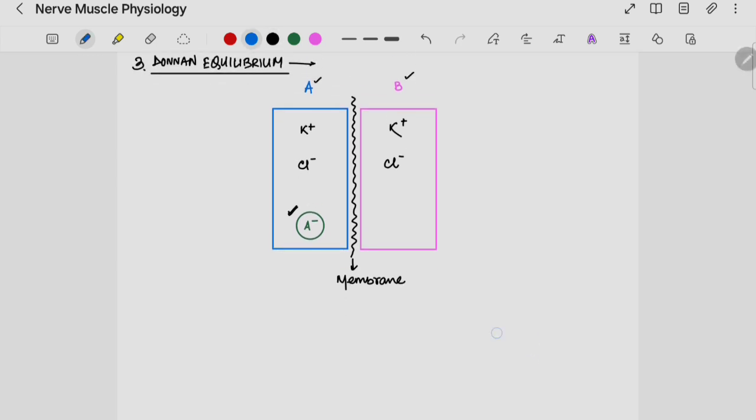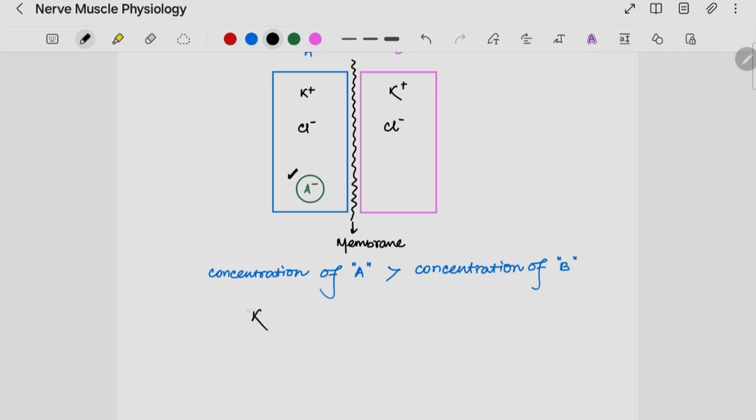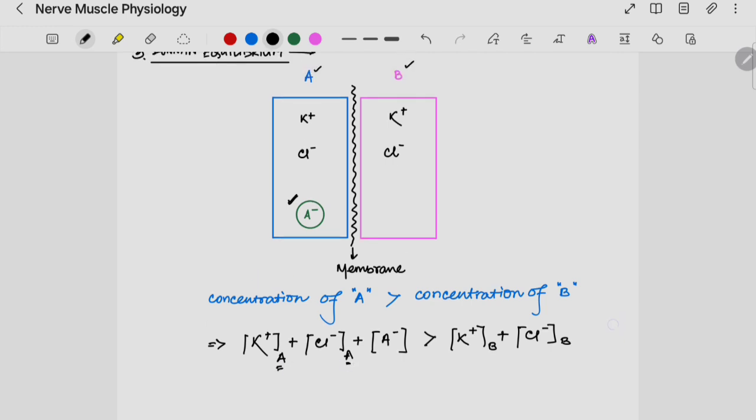So what is the concept? Basically, the concentration of compartment A is greater than the concentration of compartment B, right? We can write concentration of potassium plus concentration of chloride plus concentration of A in compartment A is greater than concentration of potassium plus concentration of chloride in B. Why?